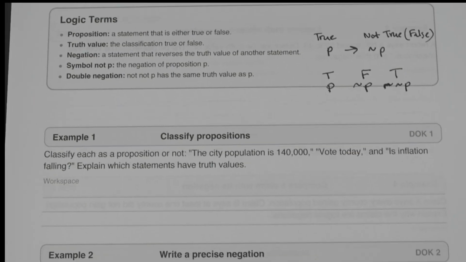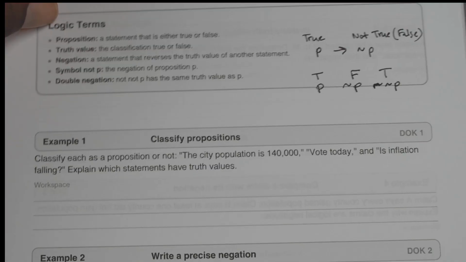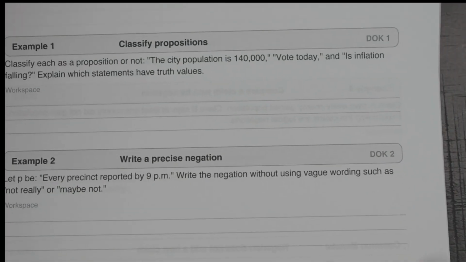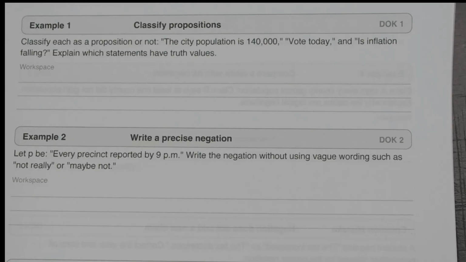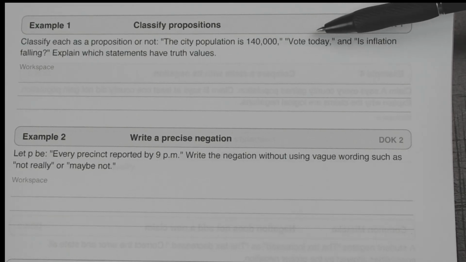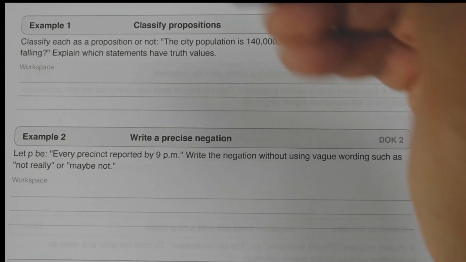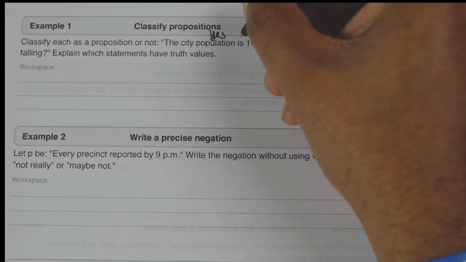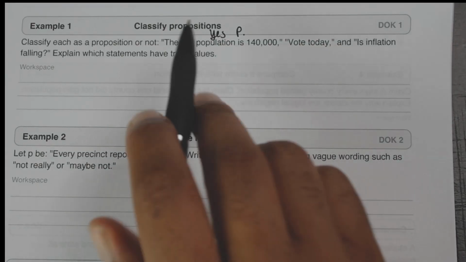Okay. Let's go ahead and begin with example number one. Classify propositions. So we have three statements. First, the city population is 140,000. Is this a proposition? Yes. That is a proposition. Why? Because it makes a claim.